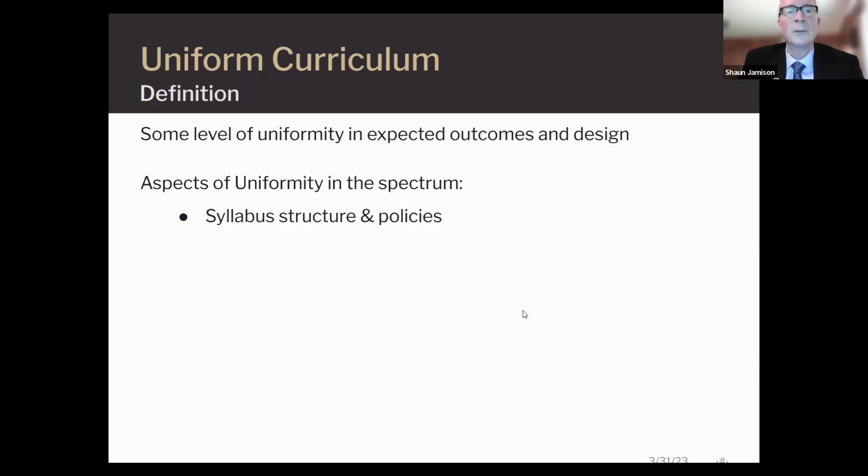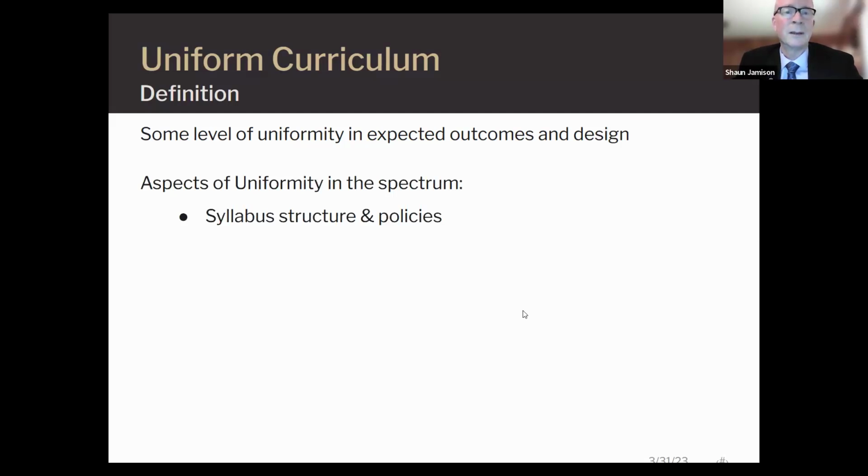So a little definition, just this is what I made up: some level of uniformity and expected outcomes in design. So there's definitely a spectrum when you're talking about uniform curriculum. Some of the aspects might include having a uniform syllabus structure, and having policies have a uniform structure.